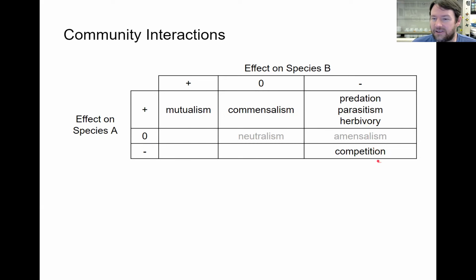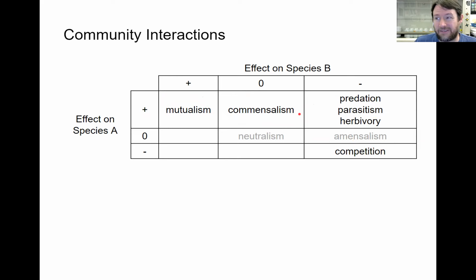But the ones we are going to cover, the ones in darker text, they run the gamut, right? And you've probably heard of most of these terms, but I'll go over each of them. So mutualism is where both species benefit. And we've got some examples of that coming up. Commensalism is where one species benefits, but the other species isn't really helped or harmed.